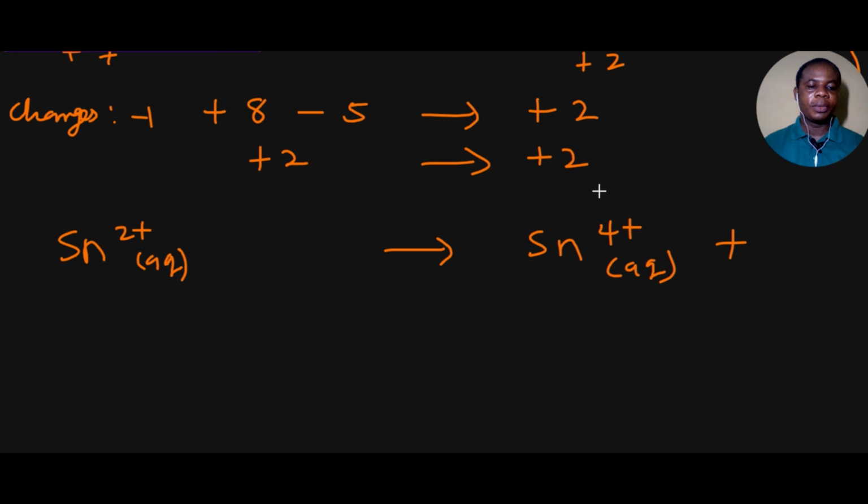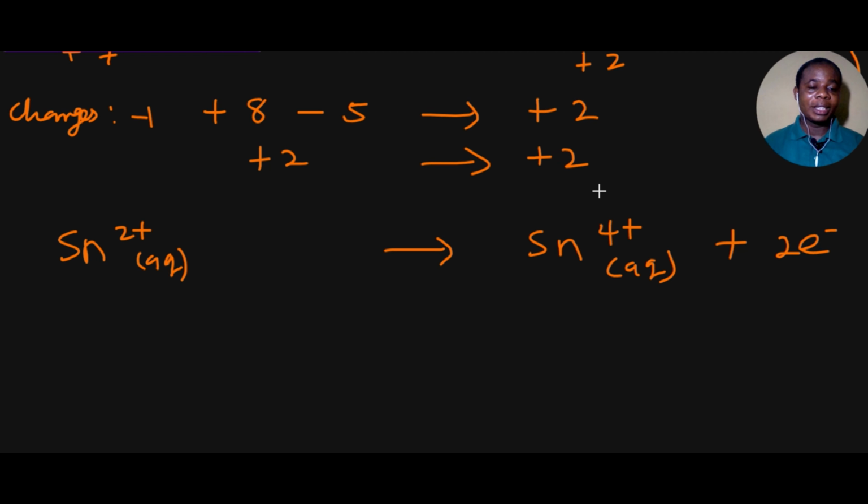How many electrons were moved? 2 electrons, 2 electrons. The reason I will not be adding water molecule and hydrogen ion to any one of them is because there is no oxygen in any of these, so I don't have to do that. It's only when I have oxygen and deficiency of oxygen in any one of them, I will add water and also hydrogen ion.